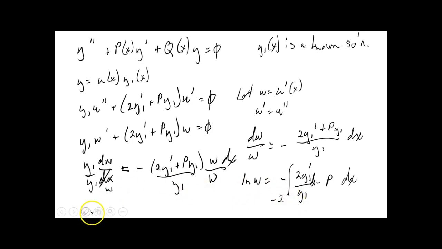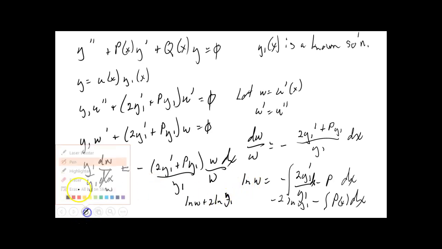Can't get that to erase. There it goes. 2 times the log of y1, and this would then just be minus the integral of p of x dx, which we've seen before. So let's move this back to the other side, and you have log w plus 2 log y1, sorry, that's really ugly.